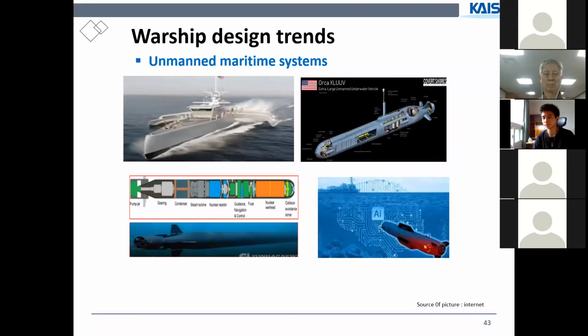As I know, all unmanned systems are approved by our headquarters before attack. So I think the perfect unmanned warship is not easy.